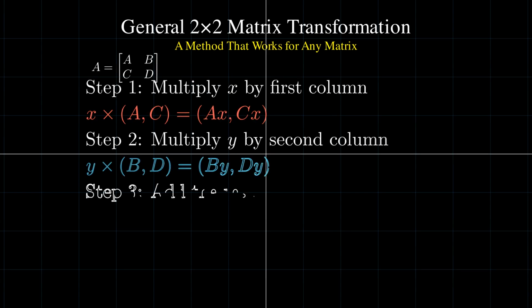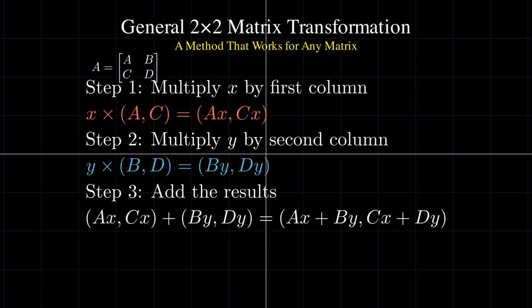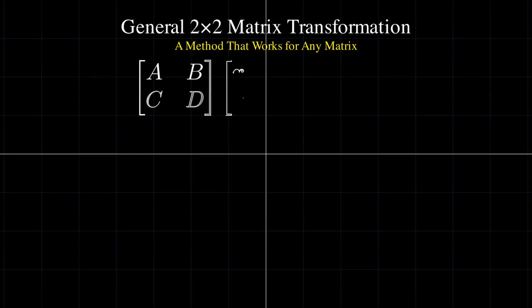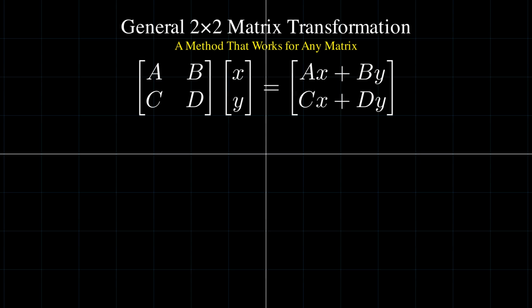Then for any vector (x, y), the transformation follows a simple recipe. Multiply x by the first column, multiply y by the second column, and add the results together. That's matrix vector multiplication, and it's exactly how 2D linear transformations work.